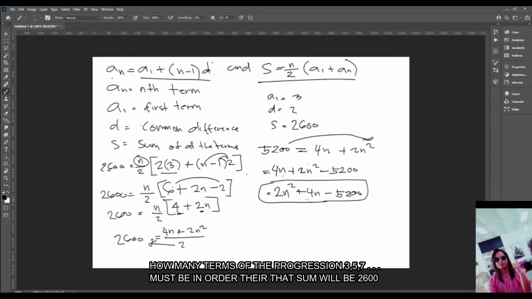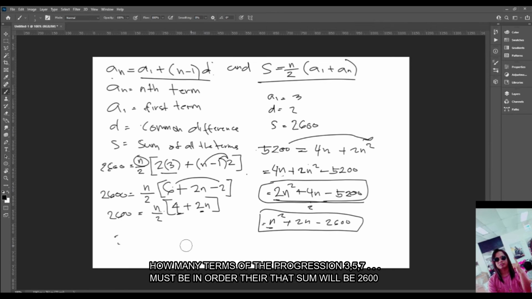But before doing that, I will try to simplify this first. I can divide all of this by 2 here, so this is going to be 2n squared minus 2n minus 2600. We will do this to get the n.